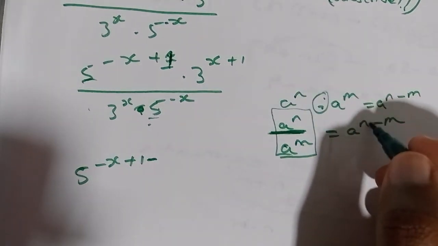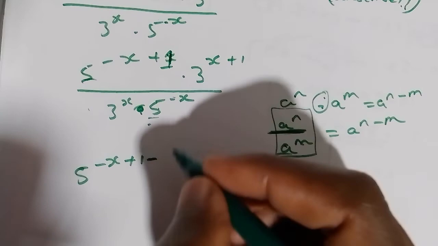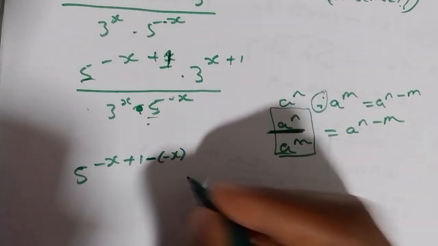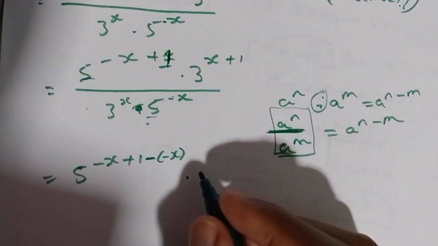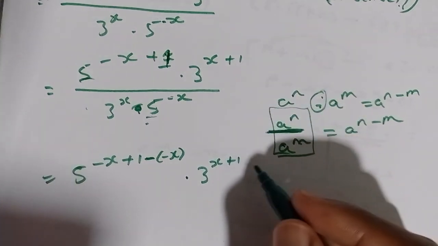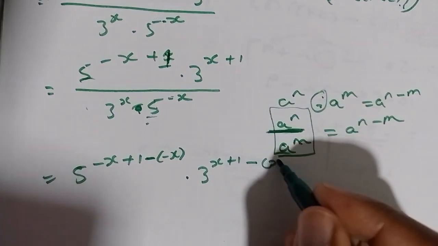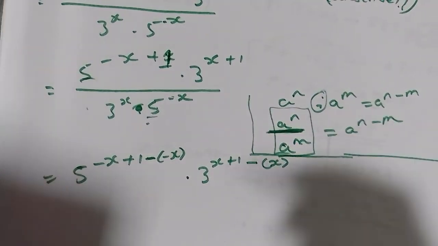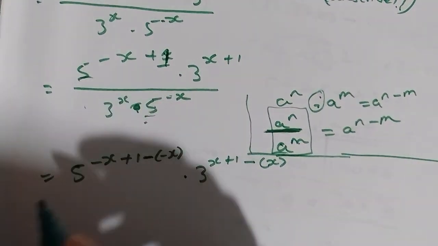Remember, the equation has its own minus, and this has its own minus. You don't forget that. Multiply by 3 to the power x plus 1, minus into x. Sorry about this thing. There.